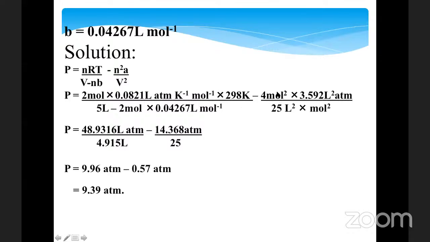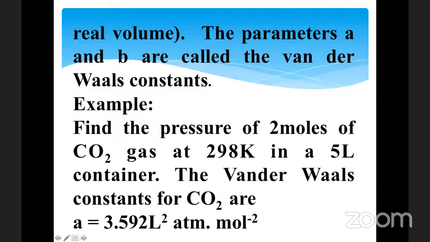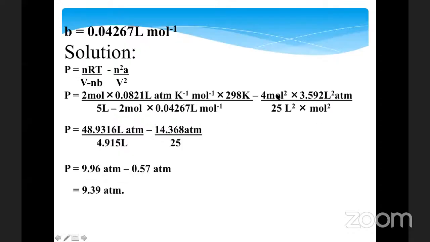said n is 2 moles. So 2 moles squared, which will be 4 moles squared, times 3.592 liter squared atmosphere all over 5 liter, minus, that's V, minus 2 moles times 0.04267 liter per mole over 25 liter squared times mole squared.